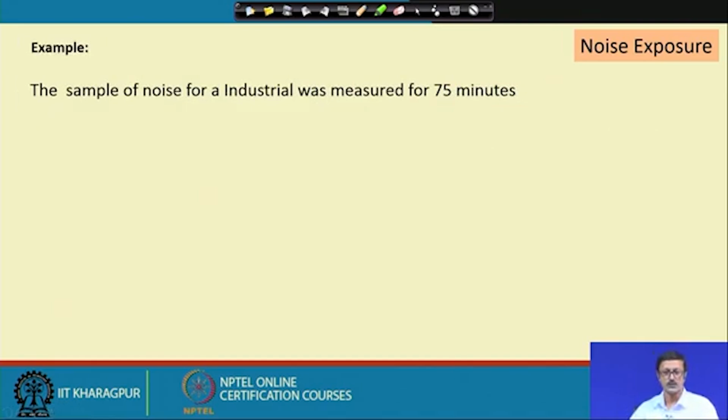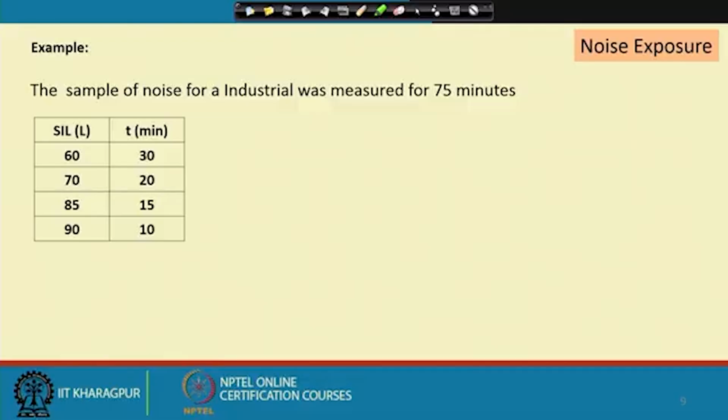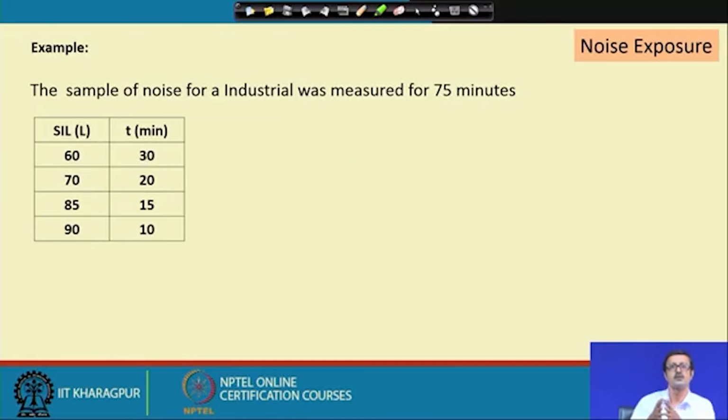So, suppose I have measured some 75 minute noise sample in any location, maybe an industry. It has 60 dB and that stays for 30 minutes. This 30 minutes may not be continuous; it may be 2 minutes, and then there is again some gap, then there are 70 dB for 2 minutes and then 85 dB for 1 minute and then again 60 dB for 5 minutes, something like that, ups and downs.